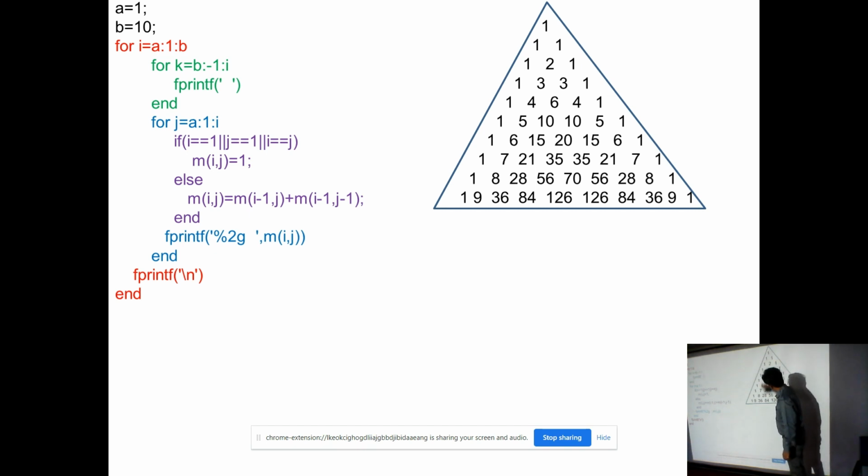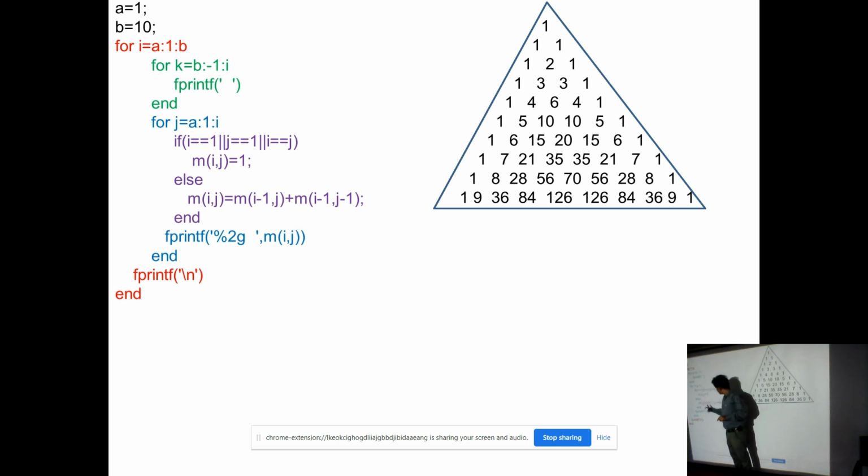Now I am left with only the inside numbers. So let's look at the inside number sequence. How I wrote? My m of ij is equal to, so I wrote in the form of vectors. You know, in C program, A of ij, i is row, j is column.